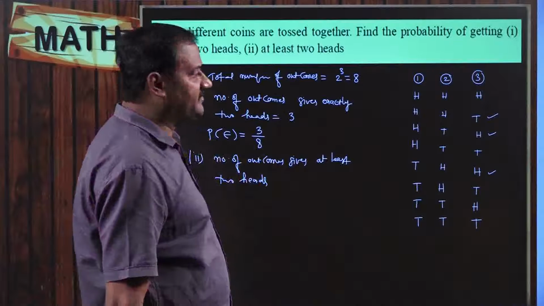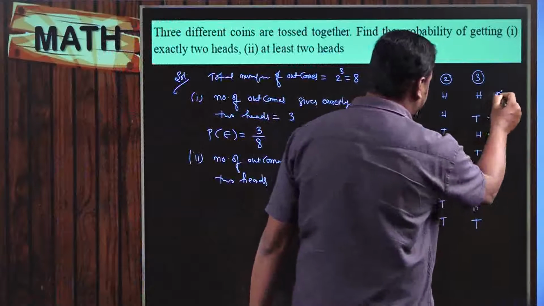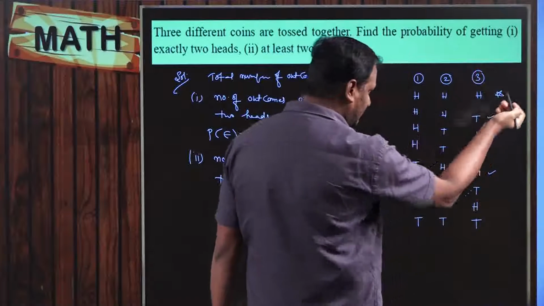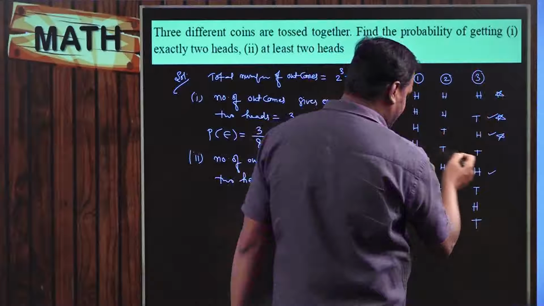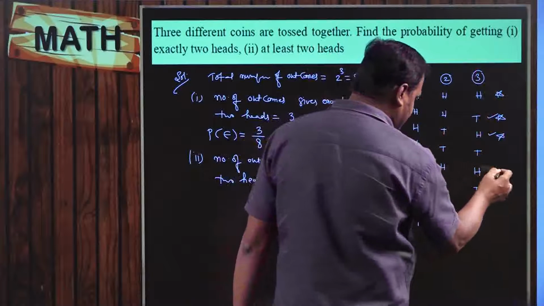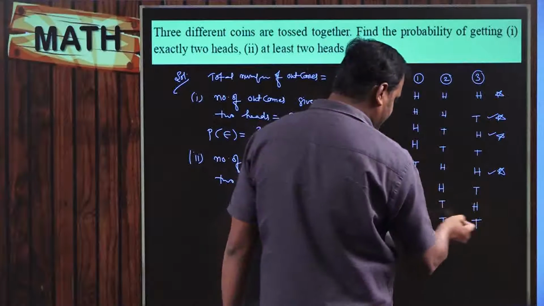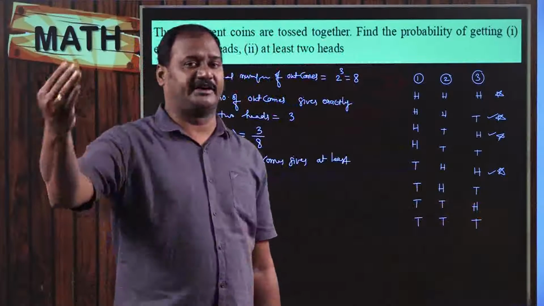So, where can you find at least two heads? See here, at least two heads, and here at least two heads, because three heads means more than two, and here also two heads. Here only one head we should not consider. Here one head, here one head, here one head. So at least two heads means two or more than two heads.